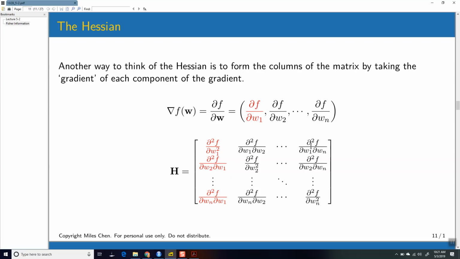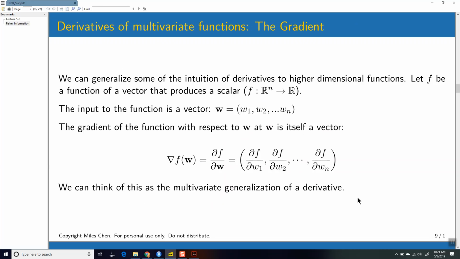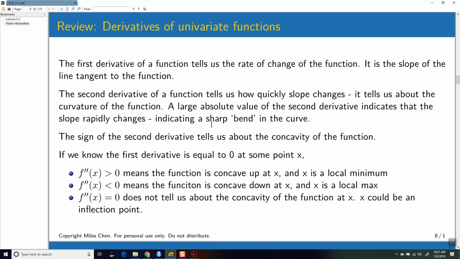That's how the Hessian forms. You can go up to n-dimensional, but we'll keep it simple with a 2x2 Hessian, a square matrix, right?